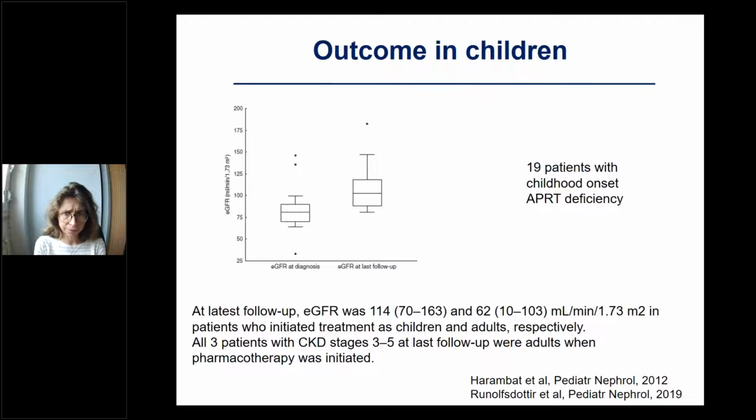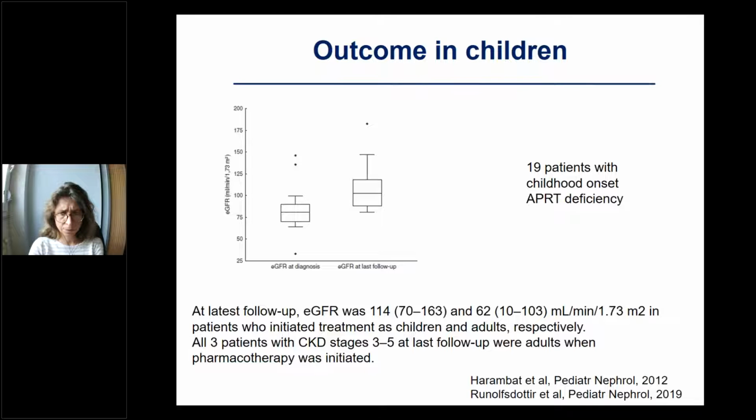What about children? There are 2 series including some children: 19 patients with childhood-onset APRT deficiency. You can see that eGFR at diagnosis was around 70 to 80 milliliters per minute. But at last follow-up, eGFR was different in patients who initiated treatment in childhood or in adulthood.